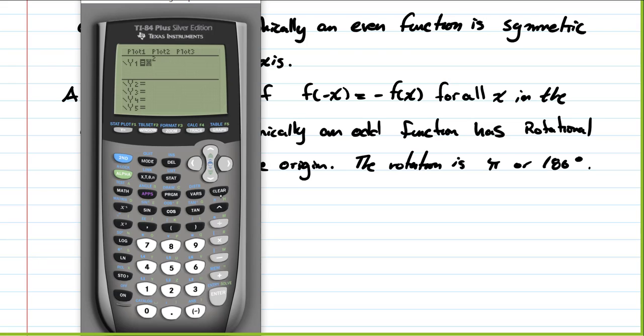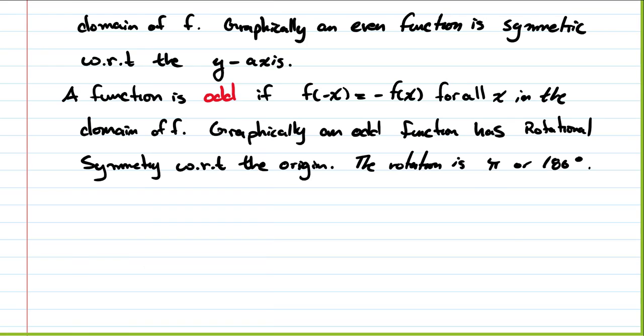If we go to x cubed, this is an odd function. And we say it has rotational symmetry of 180 degrees about the origin. If you take your calculator after graphing y equals x cubed and rotate it 180 degrees, the graph looks the same whether it's upside down or right side up. That's our rotational symmetry about the origin.